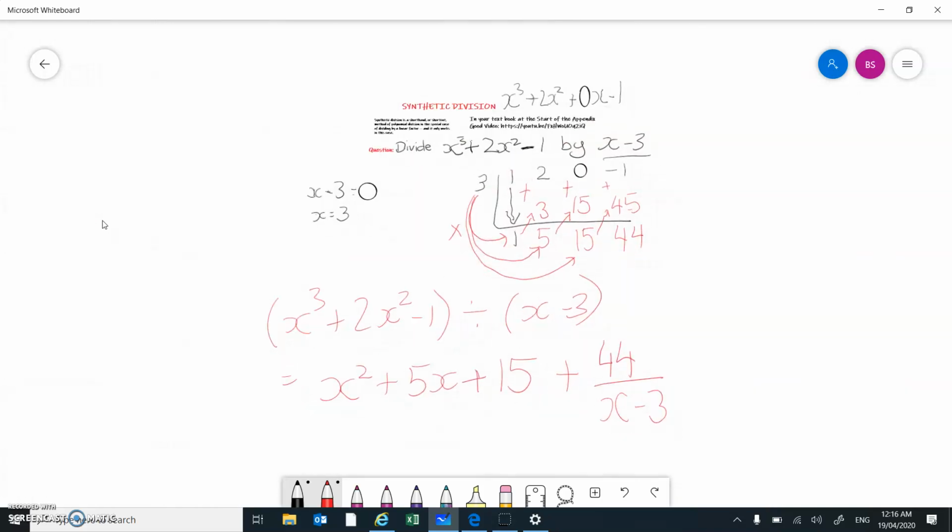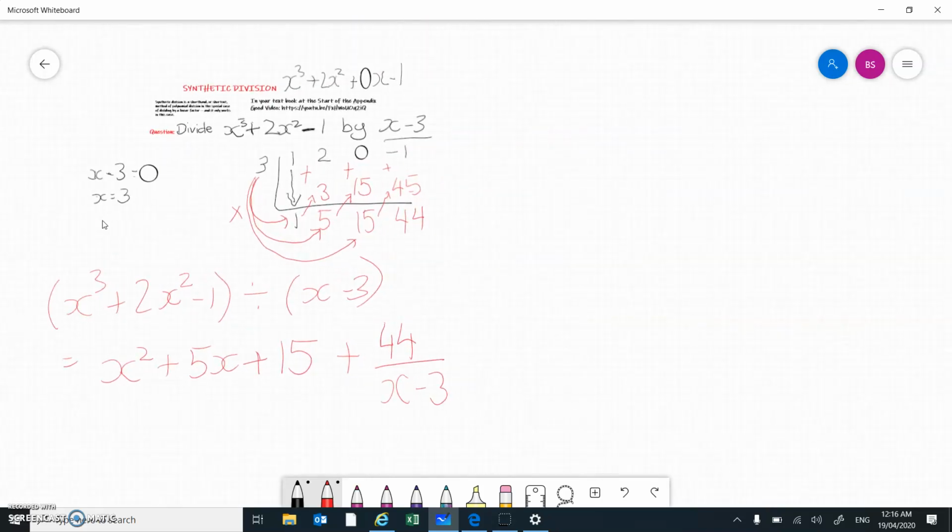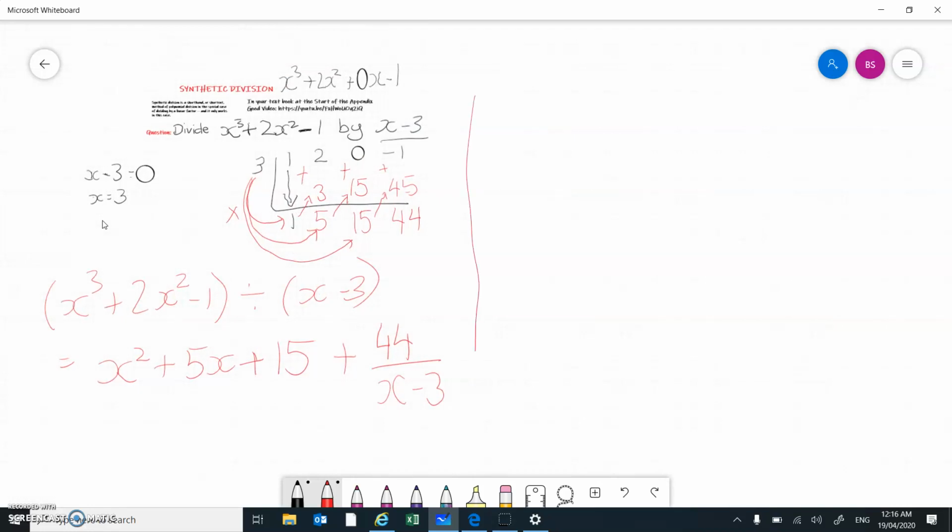It's the same question: x cubed plus 2x squared plus 0x minus 1, and we're dividing that by x minus 3.